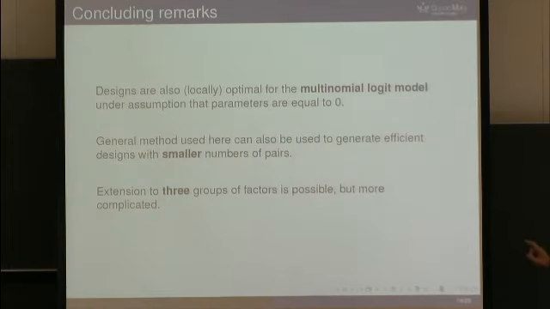That means they are exactly optimal in the setting considered, for instance, that Street and Burgess use when deriving their designs. The general method of piecing all these bits together can be used to get even smaller designs with a nice block diagonal information matrix, but then you have to give up some efficiency.